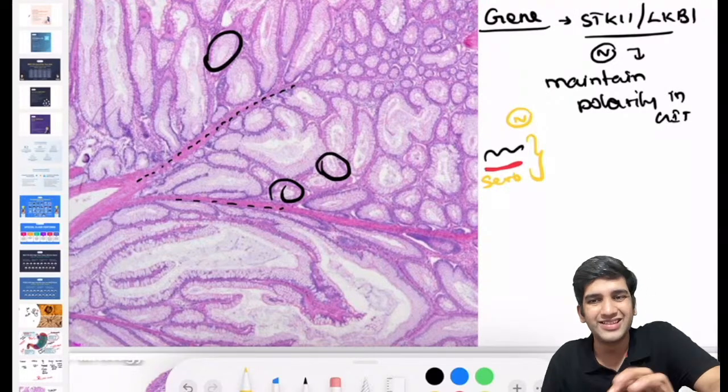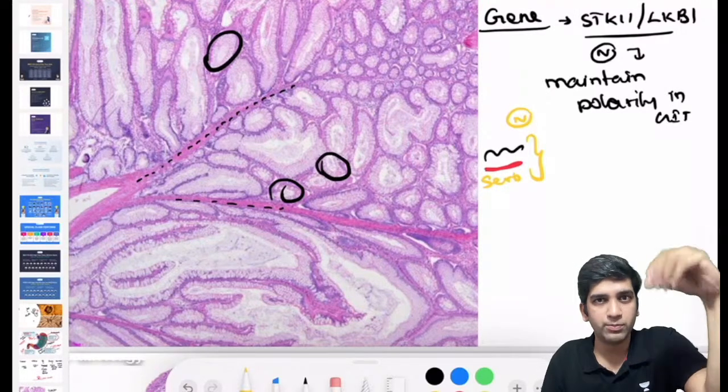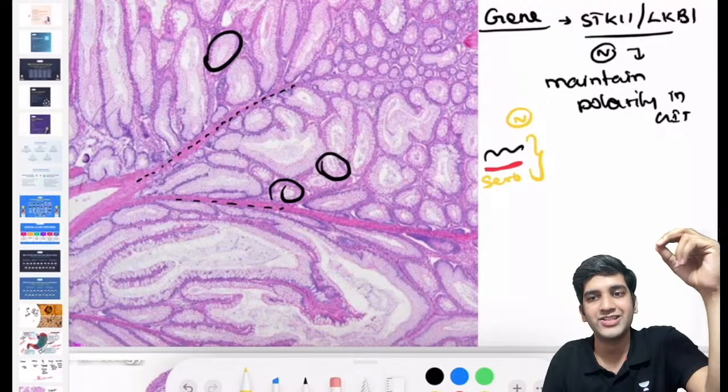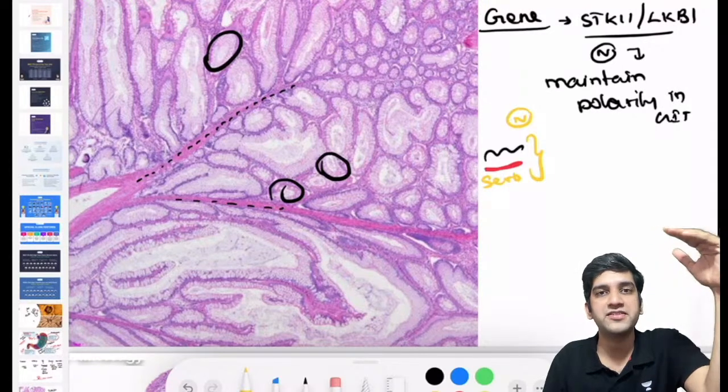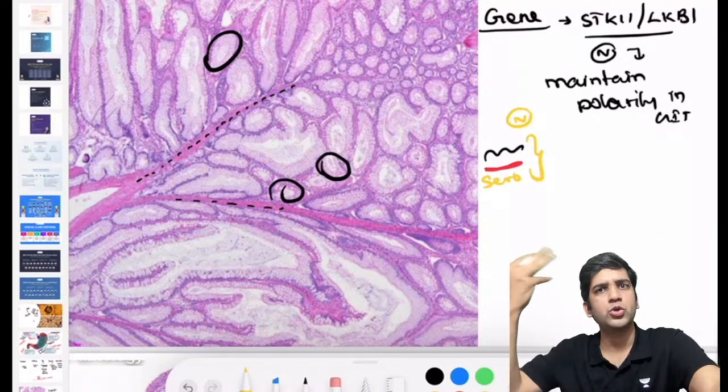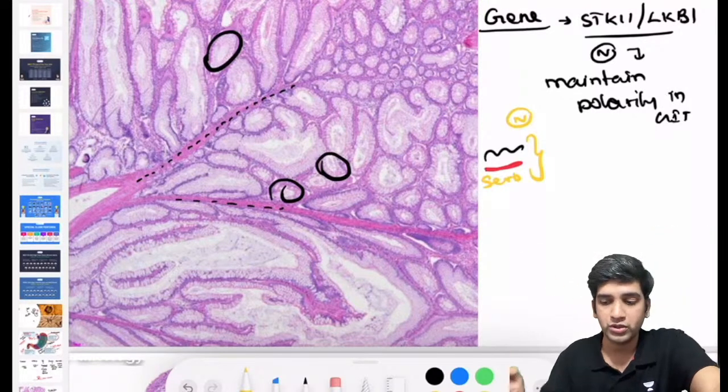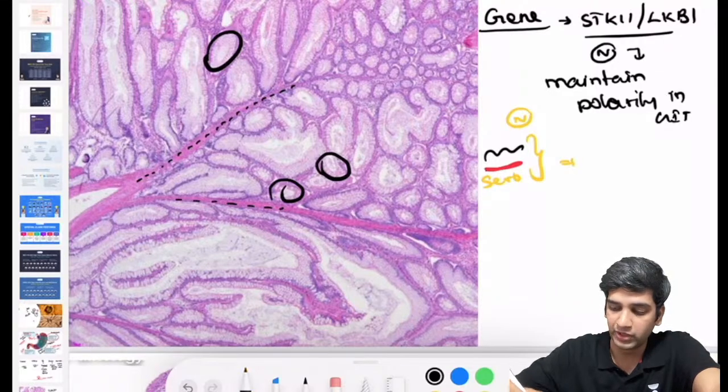Perfect, right? So let's assume a patient with a Peutz-Jeghers polyp or Peutz-Jeghers syndrome does not have STK11 or LKB1, which means there is no tumor suppression, so it grows automatically, and there is also no one to maintain polarity.